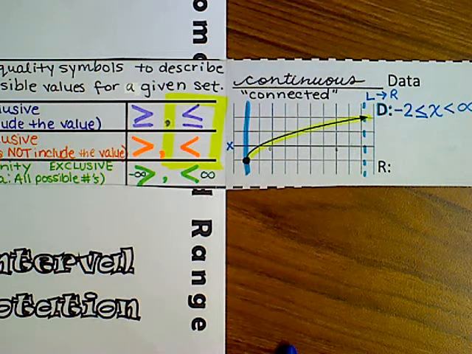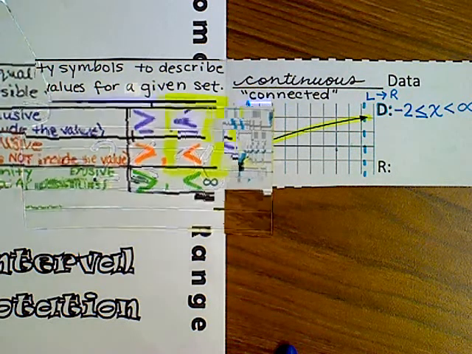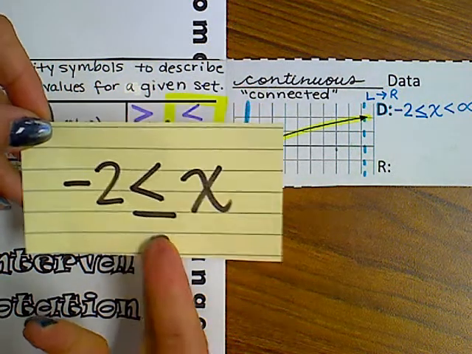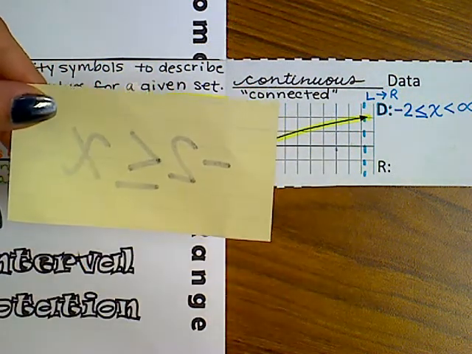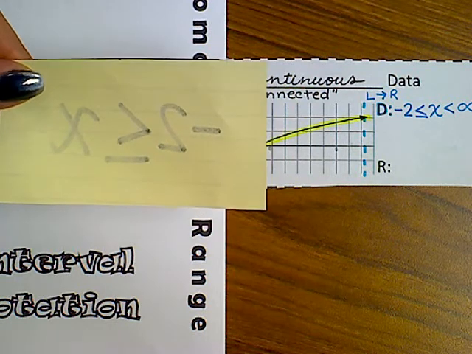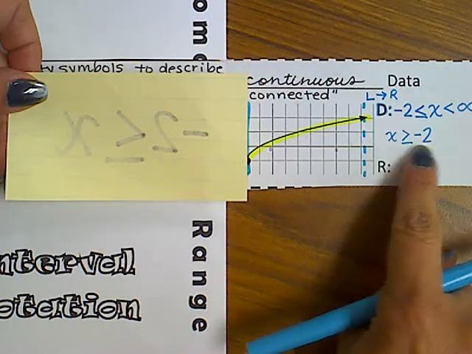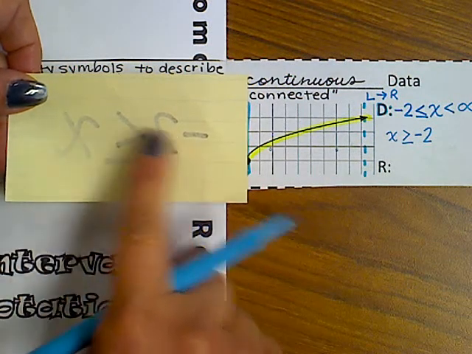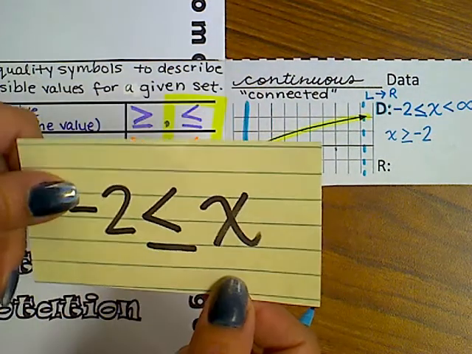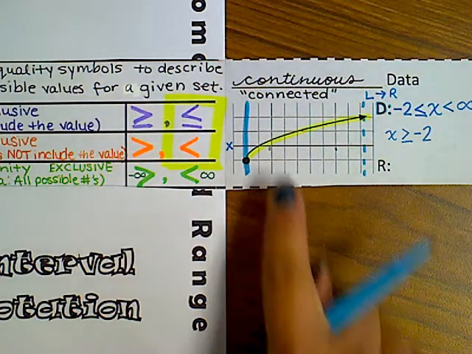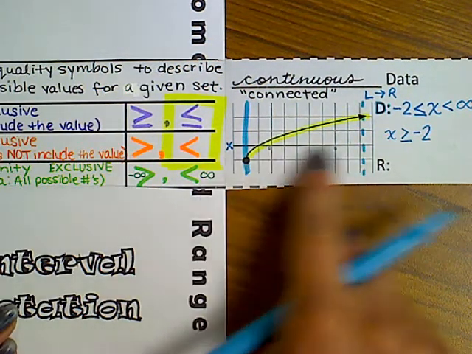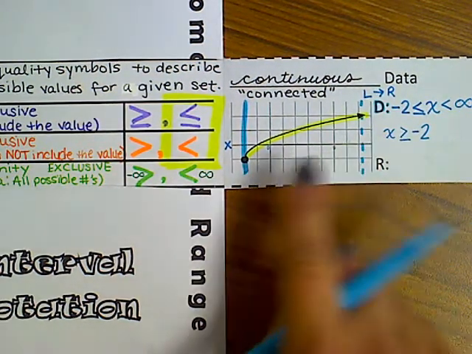So I'd like to go ahead and rewrite it: negative 2 less than or equal to x, we're going to rewrite as x is greater than or equal to negative 2, which is kind of like what we see when we flip this around. Now, x greater than or equal to negative 2 definitely describes my x values, starting here at negative 2.